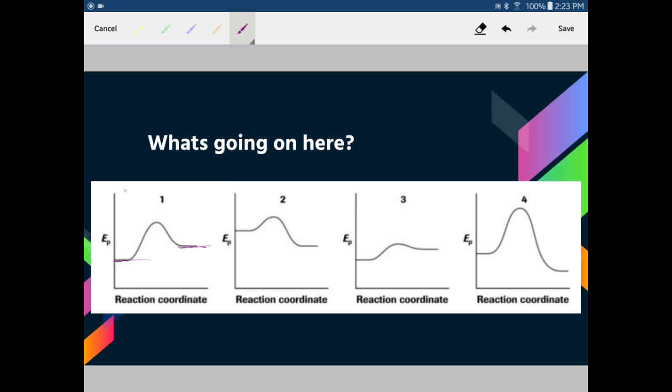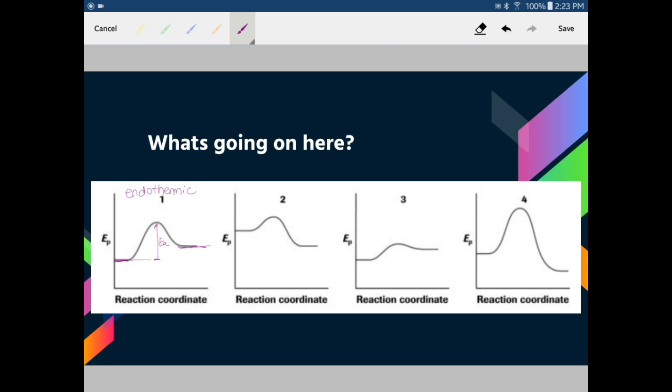It is an endothermic. Okay, and we see that there is a fair amount of activation energy required. So I'll draw my arrow and I'll write my activation energy. So there's a fairly decent amount of activation energy required.